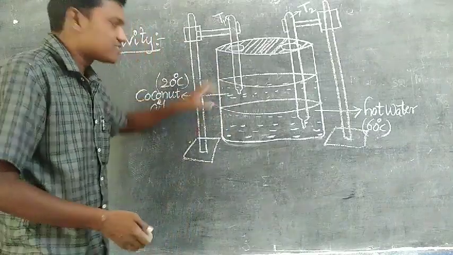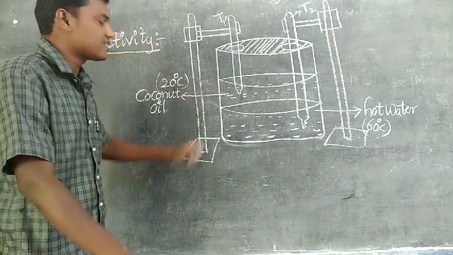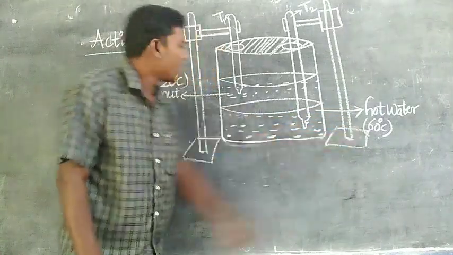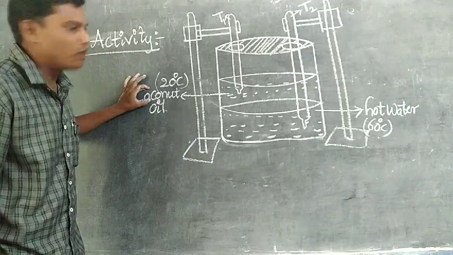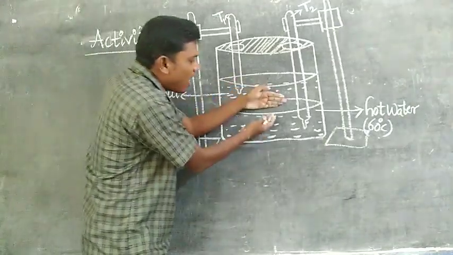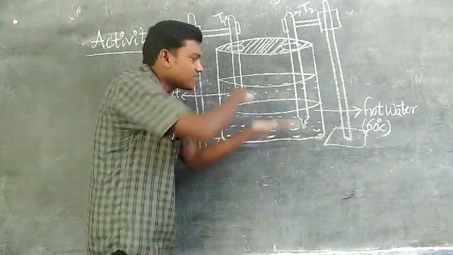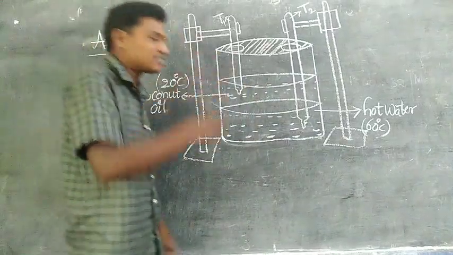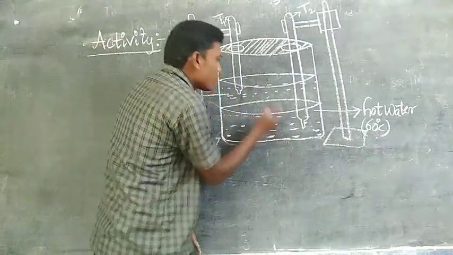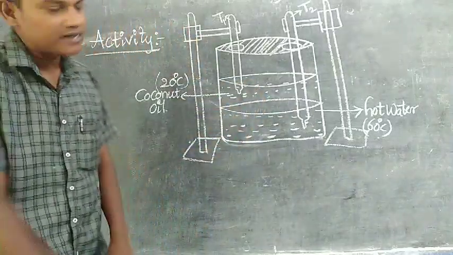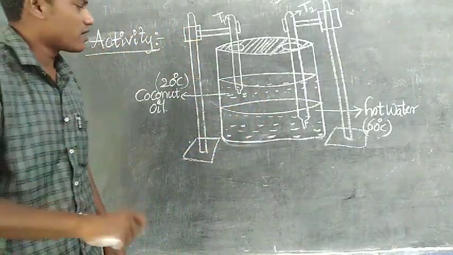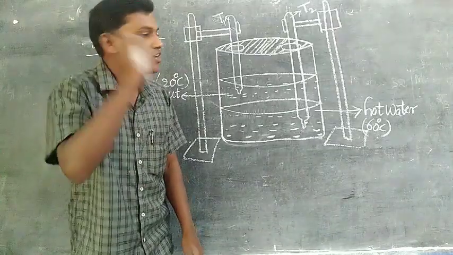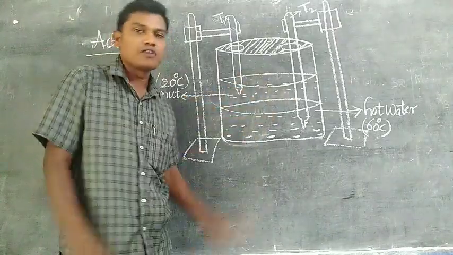That's why in this diagram, in this activity, water acts as a hot body and oil acts as a cold body. These two are in contact with each other as layers. So what will happen? Heat energy is transferred from hot water to coconut oil. For clear understanding, you can add red color food grains to the coconut oil and water.